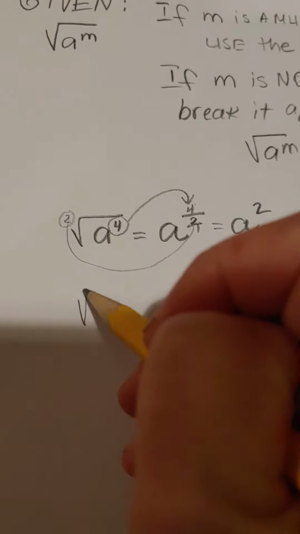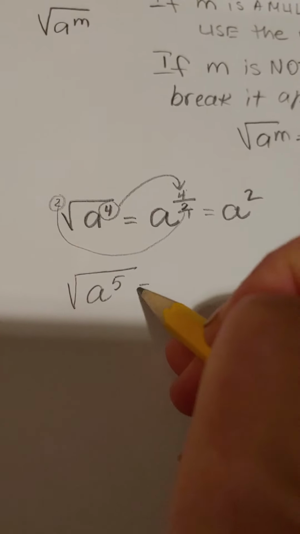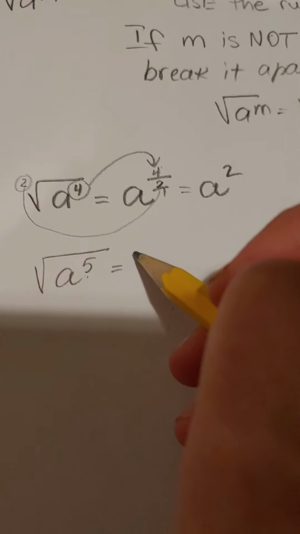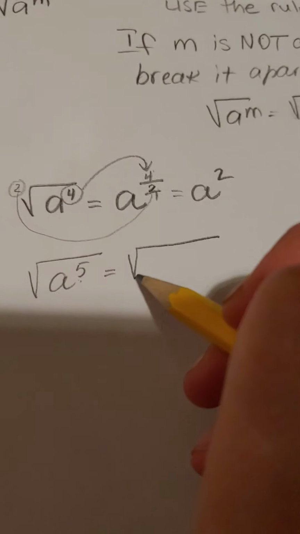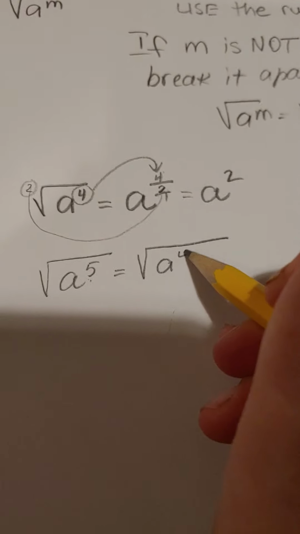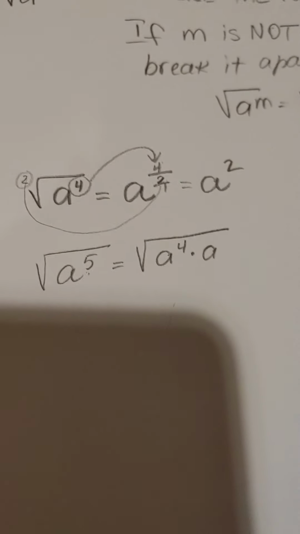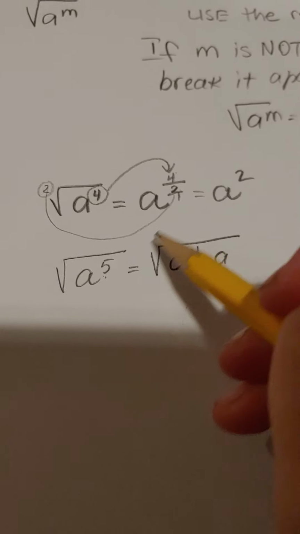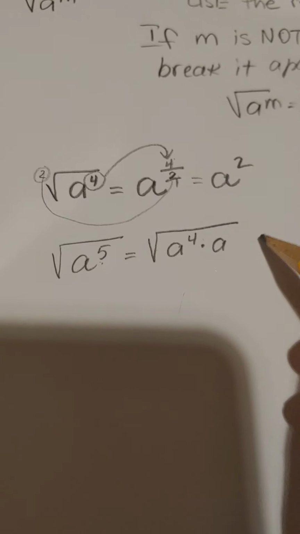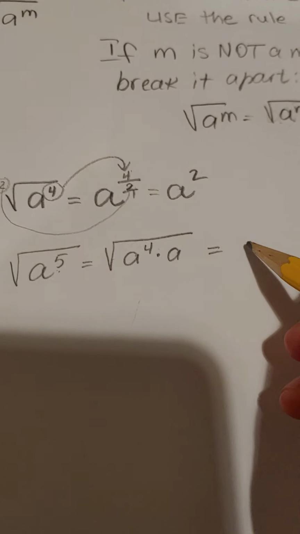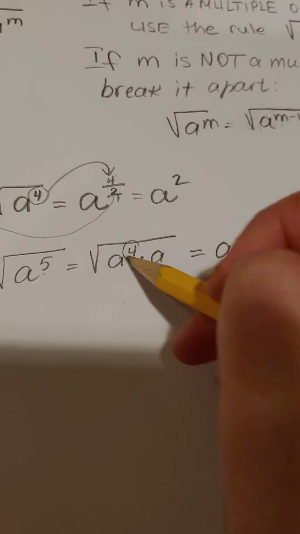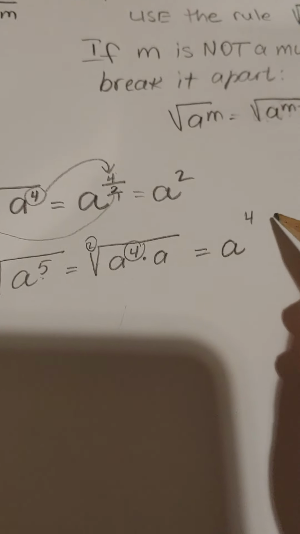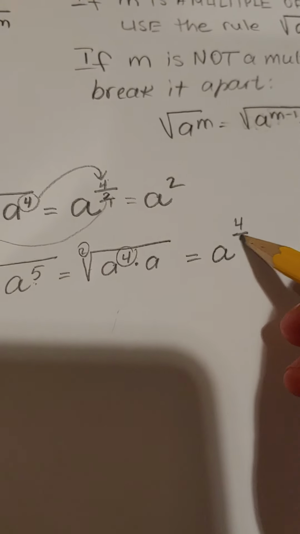In case a is to the 5th power, and we do know that 5 is not a multiple of 2, we're going to split, we're going to break it apart. So a to the 5th power is actually a to the 4th power times a to the 1st power, which is just an a. We are going to take the square root of this a to the 4th power. We put a, 4 goes on the top, and then 2 from right here goes on the bottom of the fraction.